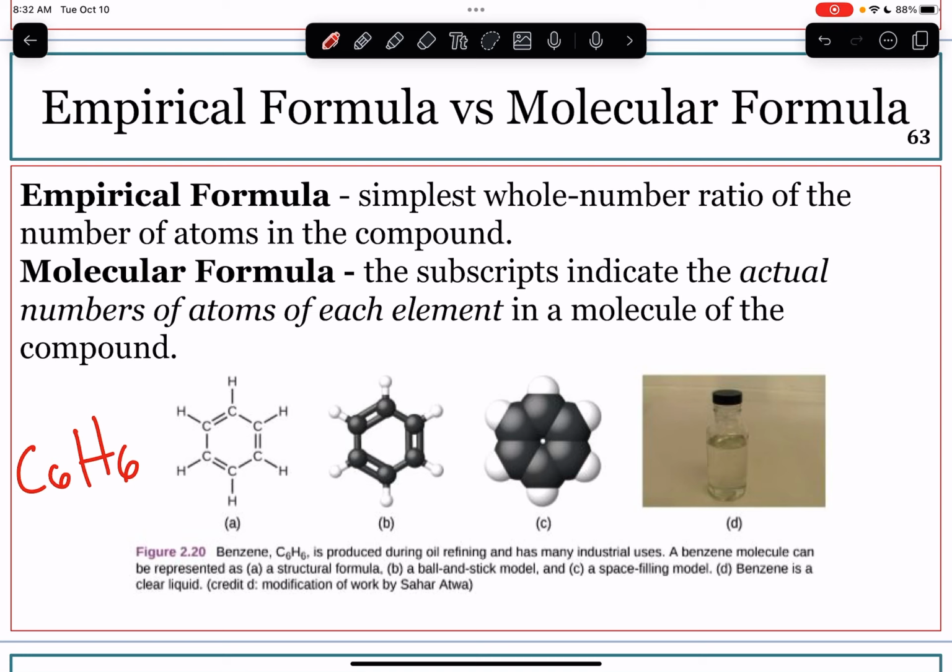So if we were to reduce this molecular formula down as much as possible, we would have just 1 carbon and 1 hydrogen. We don't use the number 1 for subscripts. You just write C, H. There isn't actually a real molecule with only 1 carbon and 1 hydrogen chemically bonded together, but this is just showing the simplest whole number ratio, the empirical formula of the molecular formula, which is the actual chemical formula.